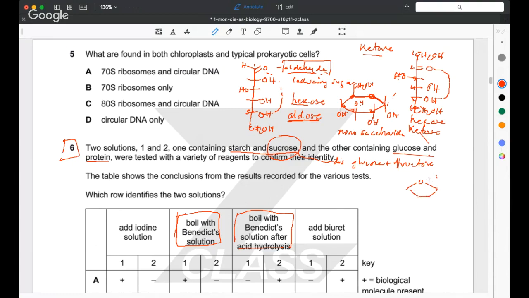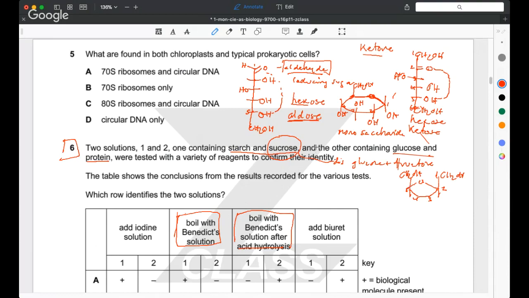And you have your numbering then starts here, 1, 2, 3, 4, 5, and then you've got another CH2OH group up there. And you can see here, when I drew the open chain form, we're going from carbon number 2 through the oxygen to the carbon at number 5. And you can see here we're going from the carbon at number 2 through the oxygen to carbon number 5.